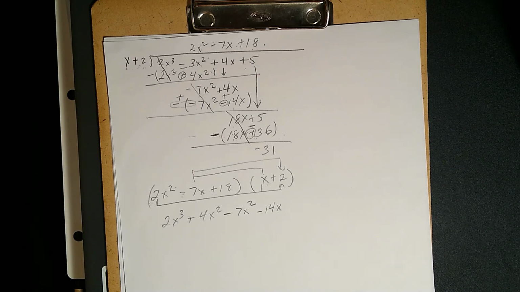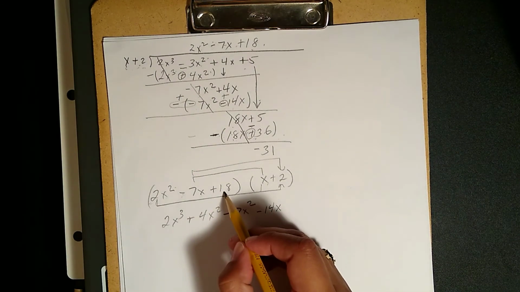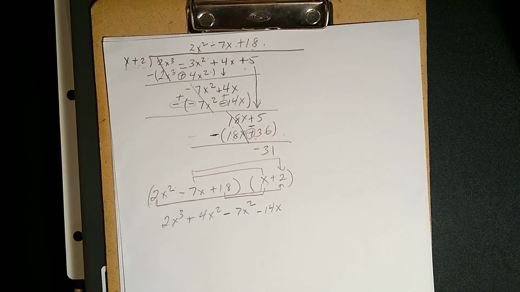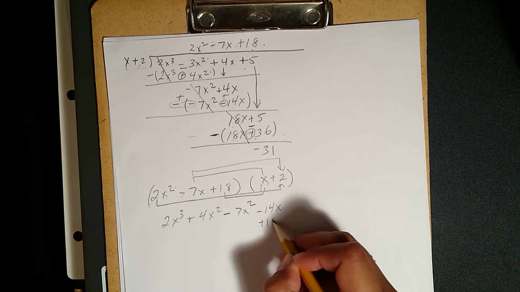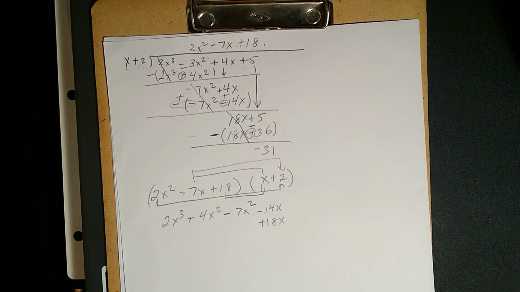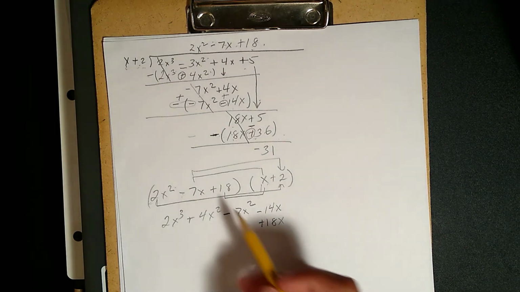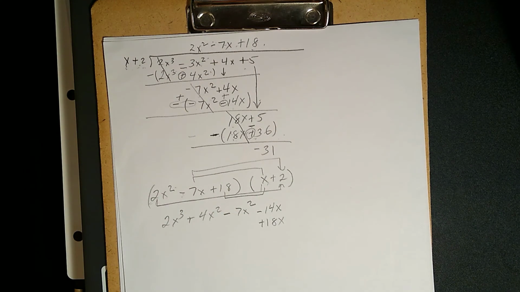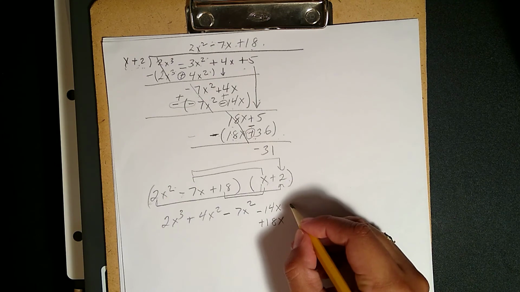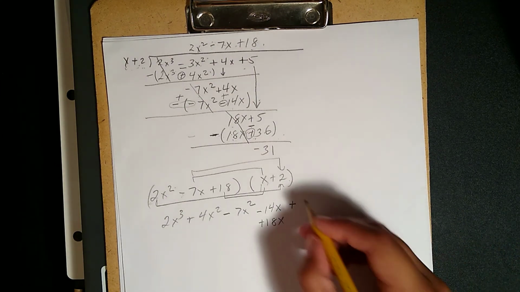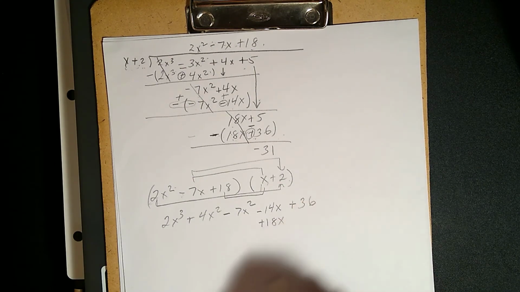We're done with negative 7x now. We're going to work with 18 and pair it up. 18 times x will now give you 18x. And then 18 times 2 will give you a positive 36.